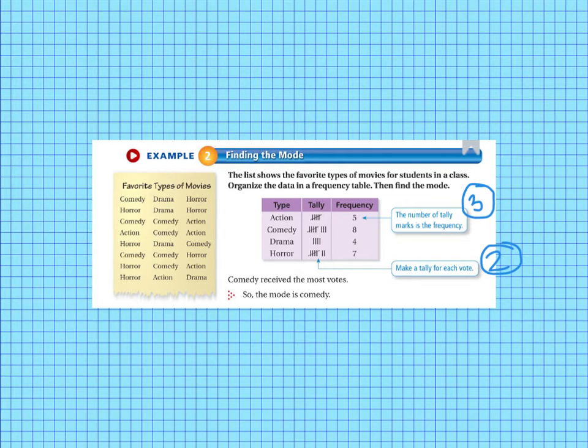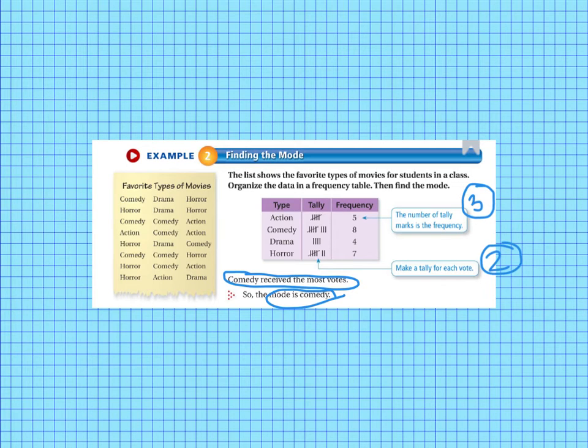And our third step is to write down the frequency. That means you total up the number of tallies, and that's the frequency. That tells you how often each type of movie was chosen. Comedy received the most votes, so the mode is comedy.